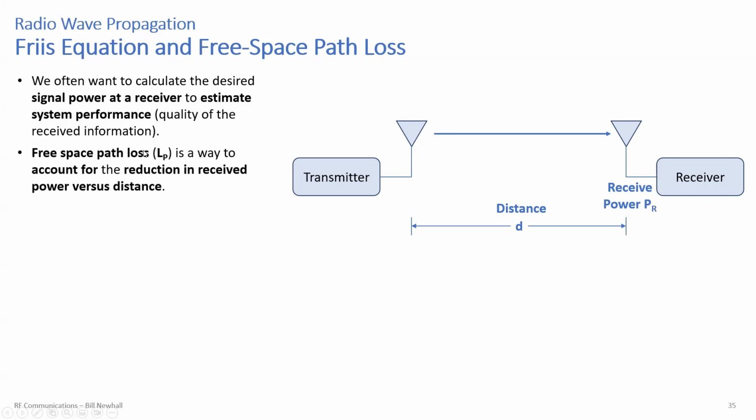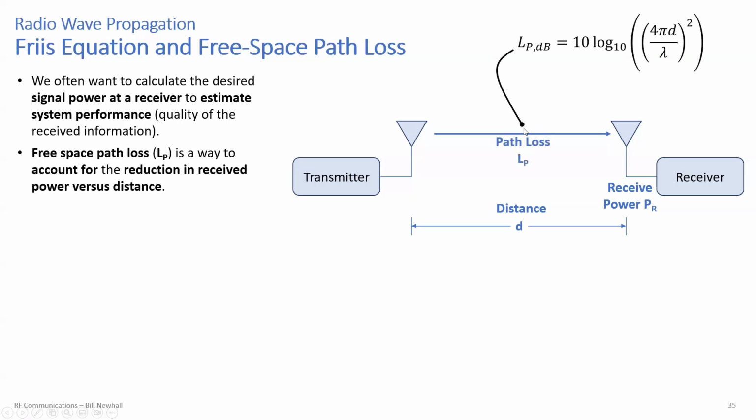The free space path loss, which we're going to call L sub p, is a way to account for the reduction in power that we see at the receive antenna versus distance. We talked about the power density falling as the receiver gets farther away from the transmitter. Free space path loss accounts for that.